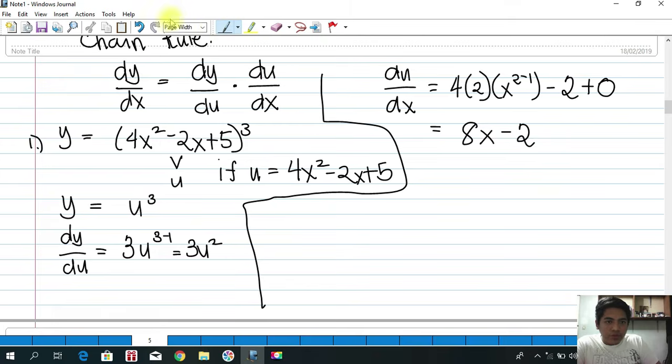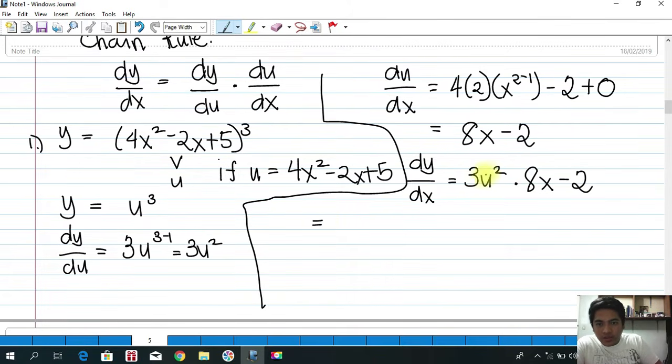Okay, we shall be using this formula to get dy over dx. dy over dx is actually dy over du, which is 3u squared, times du over dx, which is 8x minus 2.